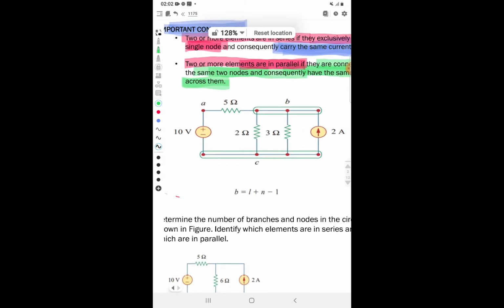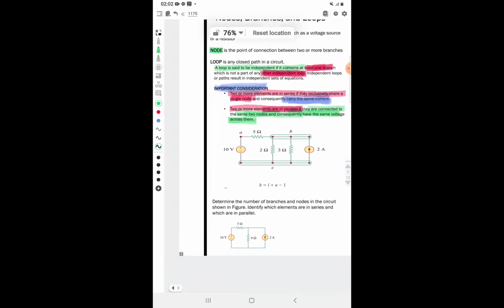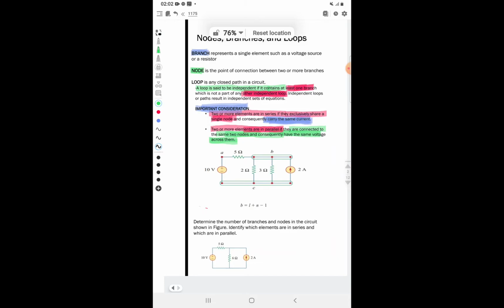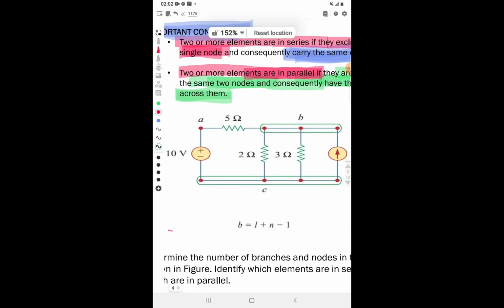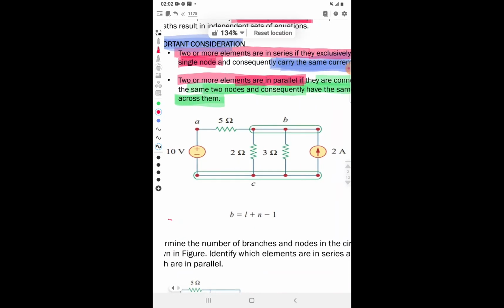So let's try to use this illustration in order to explain the three parts. As I have said, a branch represents a single element such as a passive or an active element. So in this circuit, you can see two types of element, of course, our active and our passive.